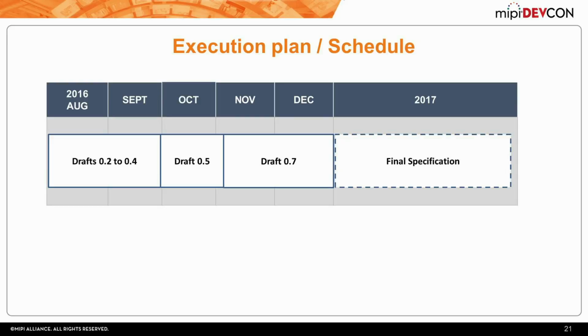The intention is to go to 0.5 around the MIPI meeting in Singapore, and then ideally by the end of the year to 0.7, with the goal being that by '17 we have a final release standard that comes with all of the other standards being released that we'll be leveraging. So this is our current timeline, and we're relatively on track to the original timeline, which is about the same thing.